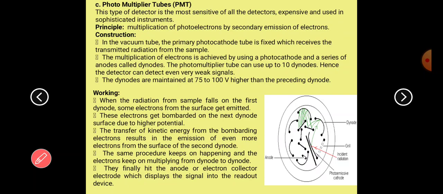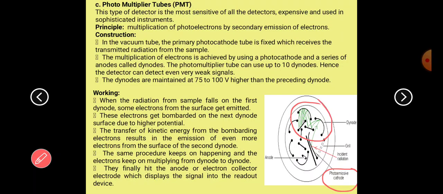It is fixed and receives the transmitted radiation from the sample. The multiplication of electrons is achieved by using the photocathode. This is the photocathode you can observe. And a series of anodes called dynodes. These are the series of anodes.